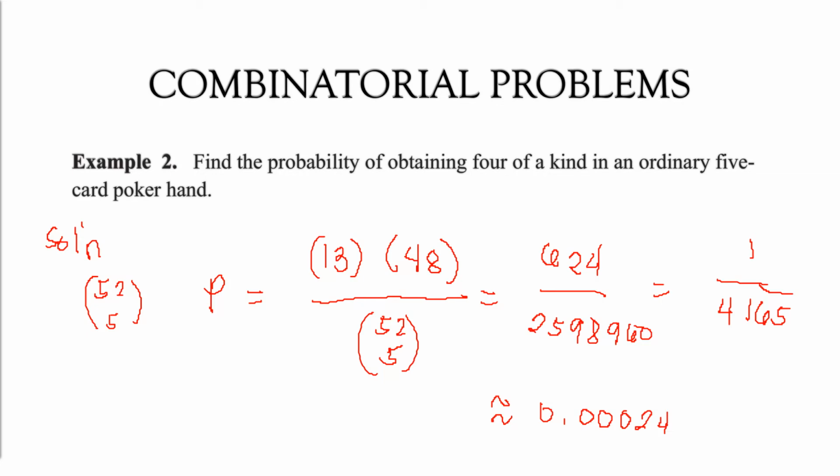Okay, so that's the probability of obtaining four of a kind in an ordinary five-card poker hand. Okay, next.